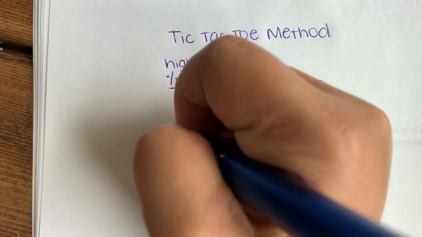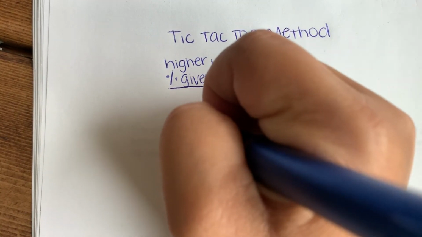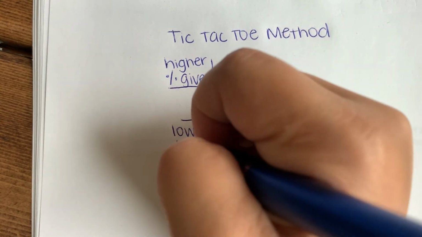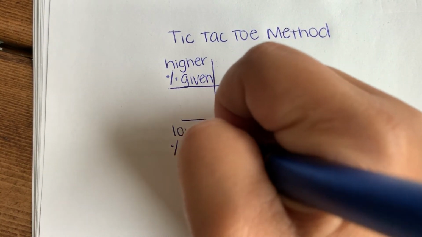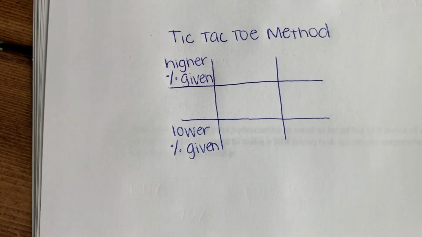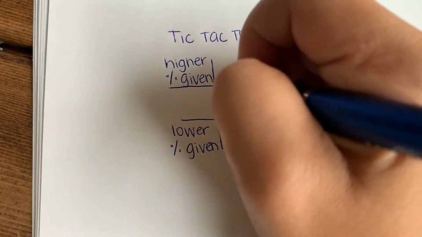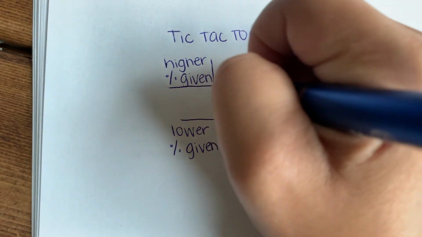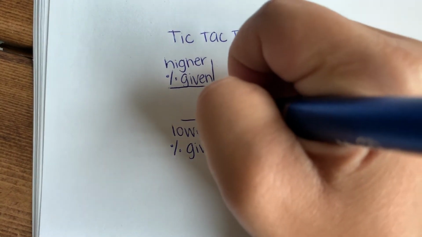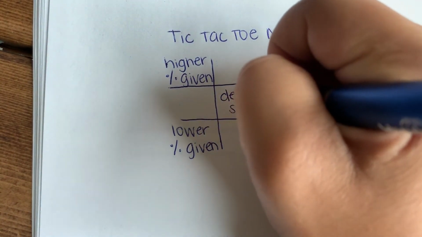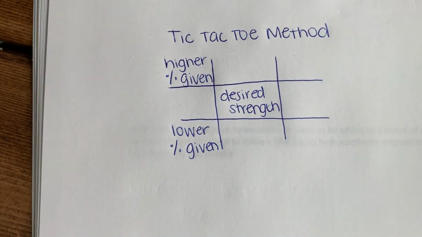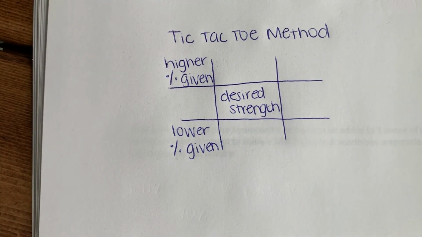And then you want to put the lower percent of your stock concentration that's given on the bottom. In the center, you want to put the desired strength. So the concentration that you're trying to make given these 2 stock solutions.